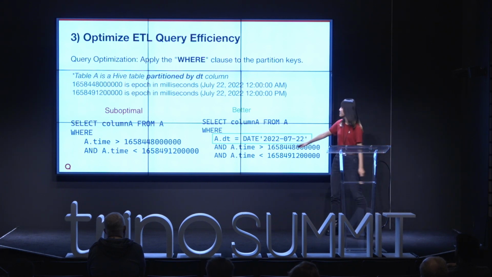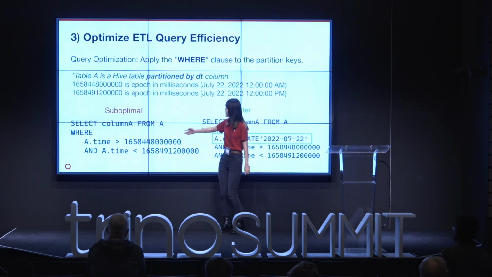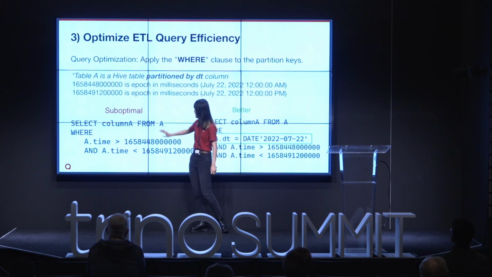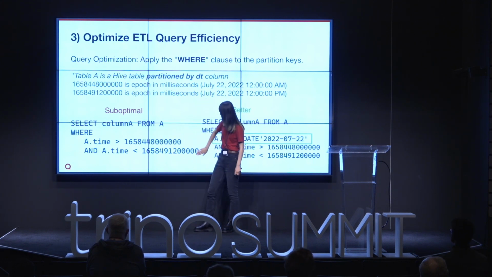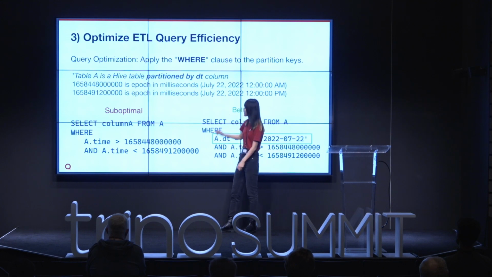So here is a really simple example of adding a where condition on the partition key. On the left side is a suboptimal version of this query. It is trying to select some rows that should fall between these two epoch times, and those rows should fall into a single day, July 22.